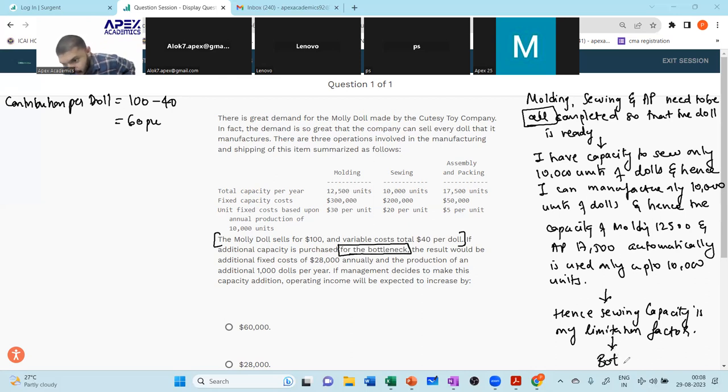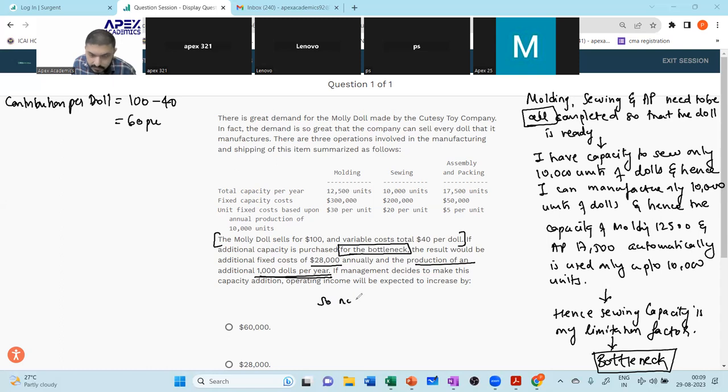Limitation factor is also called a bottleneck. If additional capacity is purchased, it would result in an additional fixed cost of 28 and production of an additional 1,000 units per year.